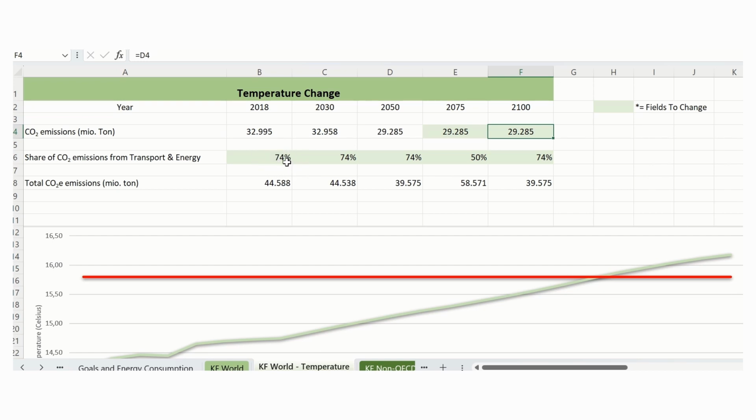If you say here, I assume here that 74% of the total emissions will come from the energy sector, then the total emissions will be this amount here. If I increase this here to 74, for instance here, then this value here will reduce, because then 74% will come from the energy sector instead of 50%.